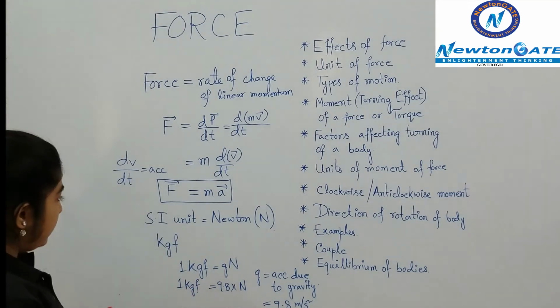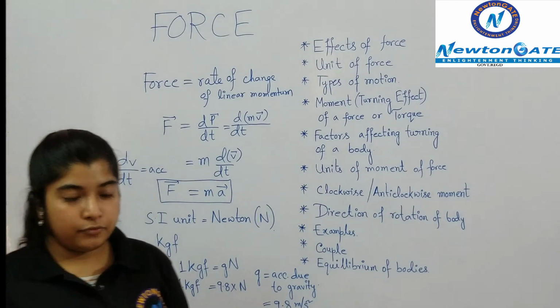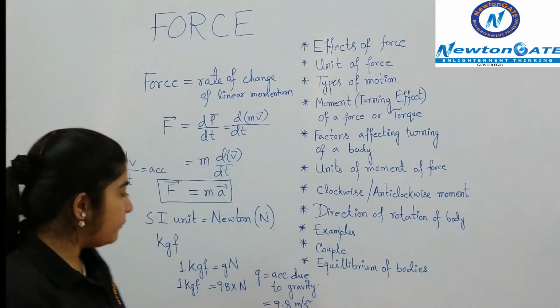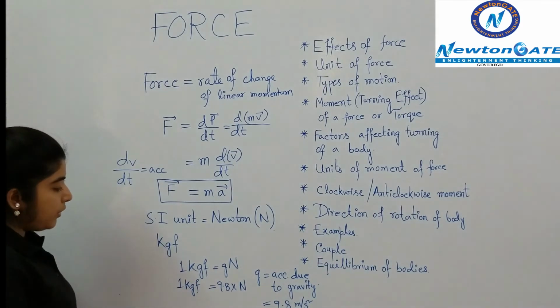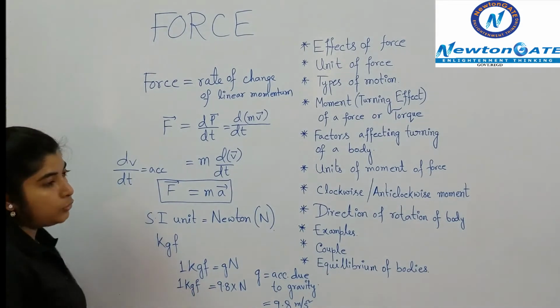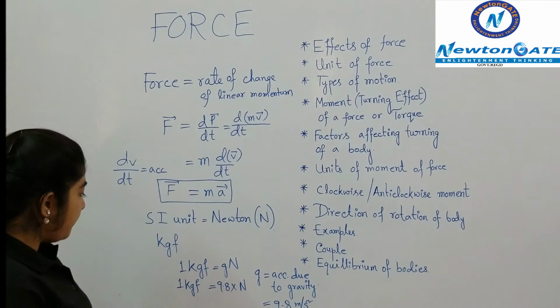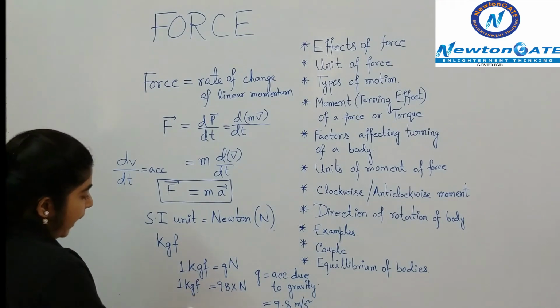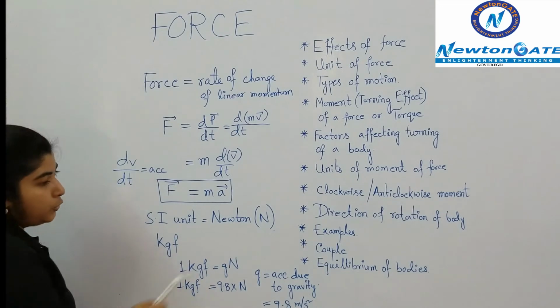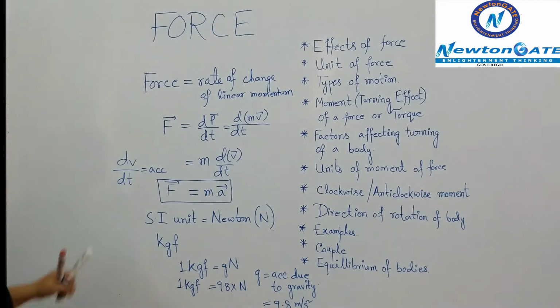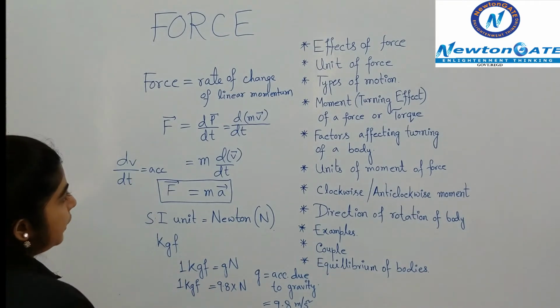For example, suppose you have been given a problem where the value of force is in kgf. Then what will you do to convert it to Newton? You just have to multiply it by 9.8, and then you will get the value in Newton. That's it. So this is the overall unit of force.